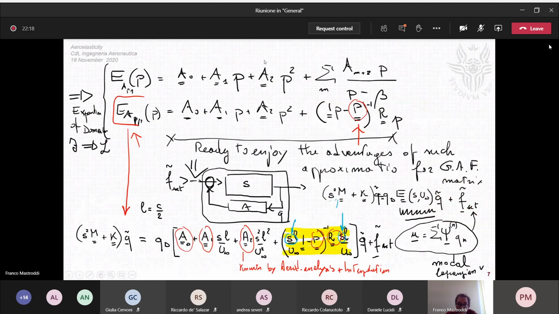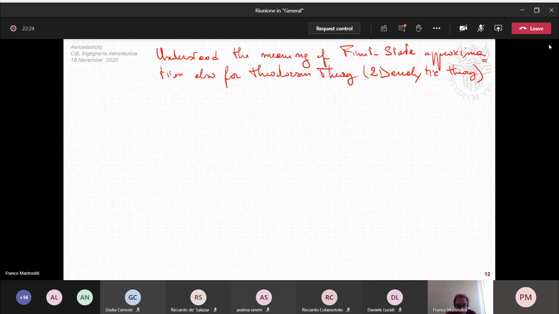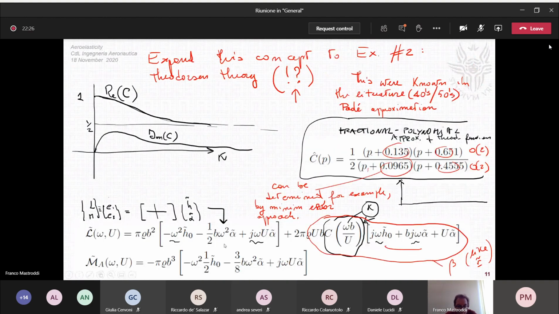We have a polynomial part and a non-polynomial part. In the Theodorsen theory, we have a polynomial part in the Laplace domain, of course, and a non-polynomial part given by the Theodorsen function.